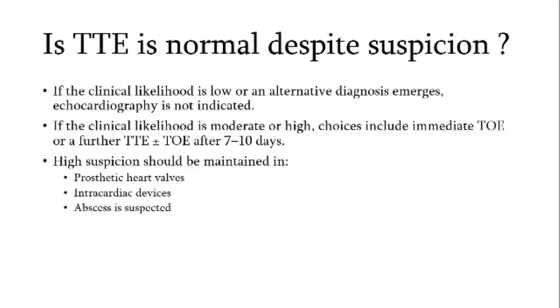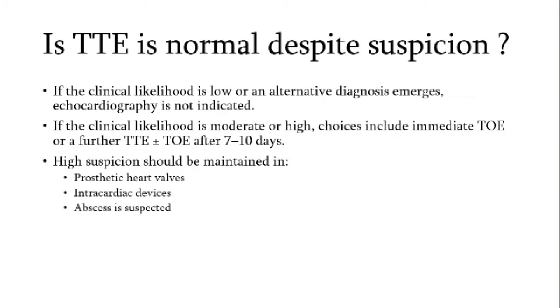Then we ask ourselves a question: is transthoracic echo normal despite suspicion? Is there a need for transesophageal echo? Yes. If the clinical likelihood is low or an alternative diagnosis emerges, echocardiography is not indicated. While if the clinical likelihood is moderate or high, choices include immediate transesophageal echo or a further transthoracic echo plus or minus transesophageal echo after 7 to 10 days.